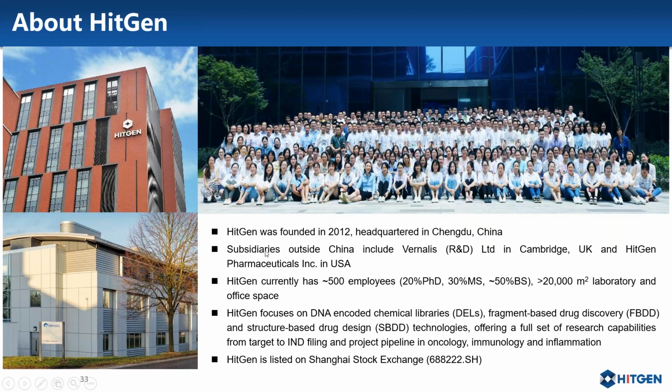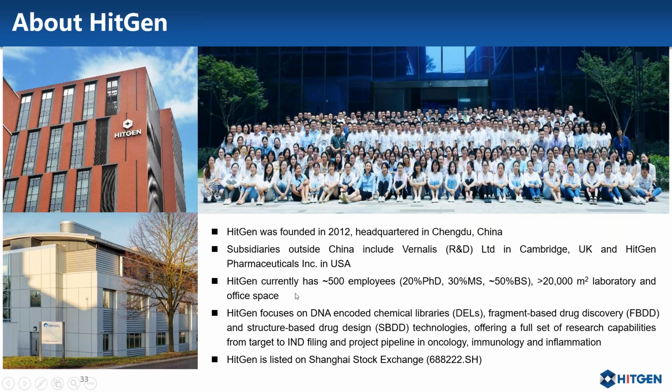Our company is called HitGen. HitGen was founded in 2012, so today is our 11th anniversary. The company is headquartered in Chengdu, China, and we have 2 subsidiaries outside China, including Vernalis in UK, Cambridge, and HitGen Pharmaceuticals in the US.